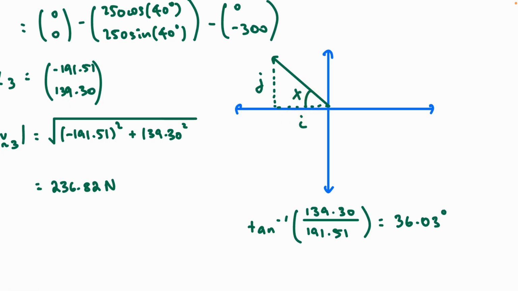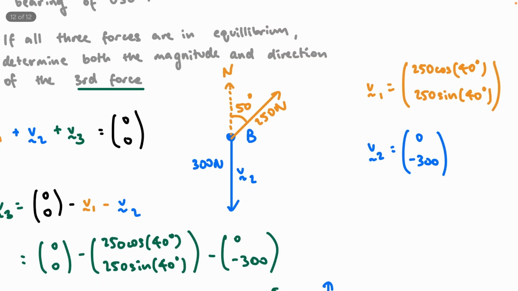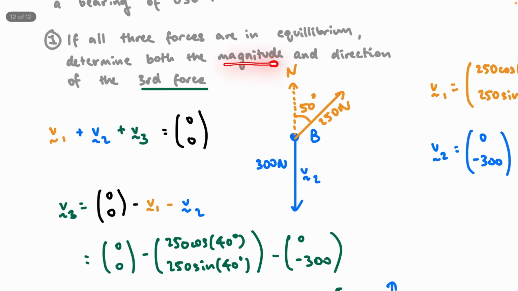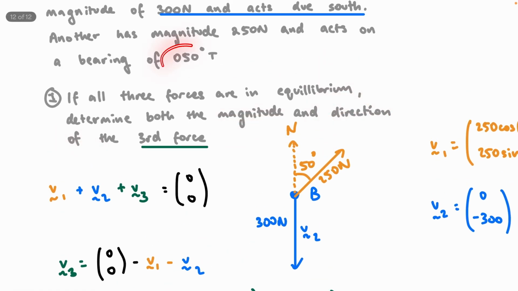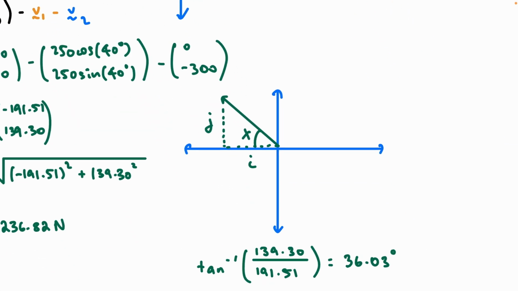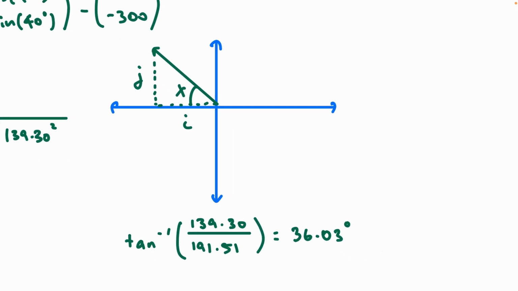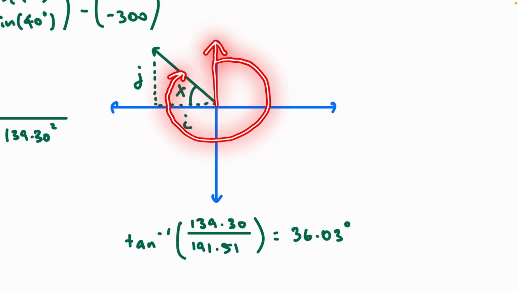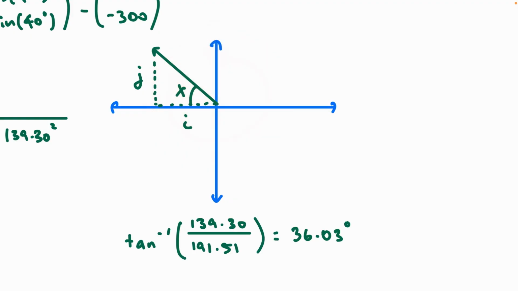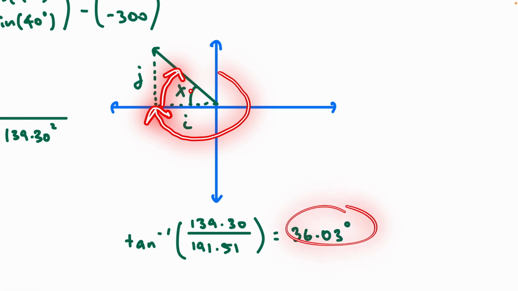But we care about the bearing. The question clearly asks us to determine the magnitude, which we worked out, and the direction. They gave us the directions in bearings, so we might as well give it in bearings. To give the final angle in bearings, we draw a line straight up north, and we go all the way around in a clockwise direction. We know that this angle here is simply 270 degrees, and we can just add the angle we just worked out.